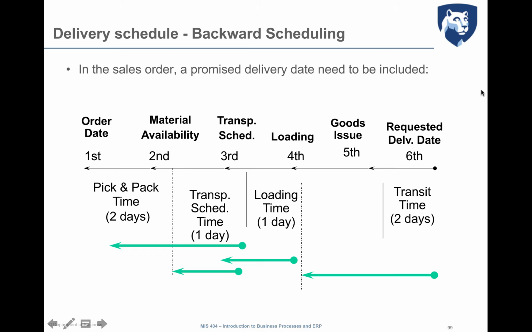So you start from the requested delivery date, and then you know that you have a transit time of 2 days, for goods issue then you have a loading time of 1 day, then you have a transport scheduling time of 1 day, then you have a pick and pack time of 2 days, and then maybe you have some wait for materials and so on.